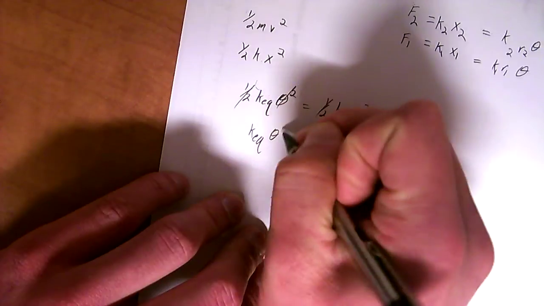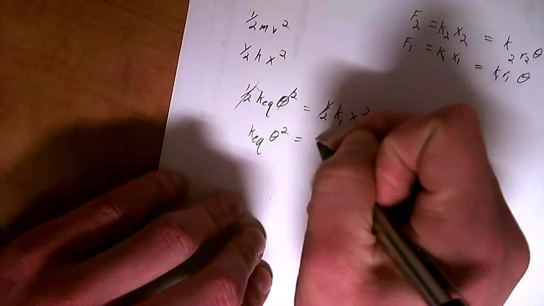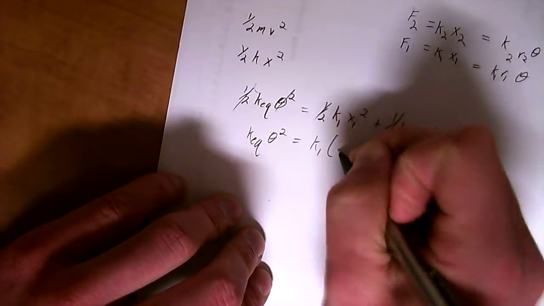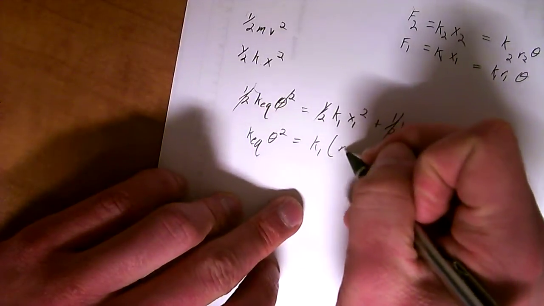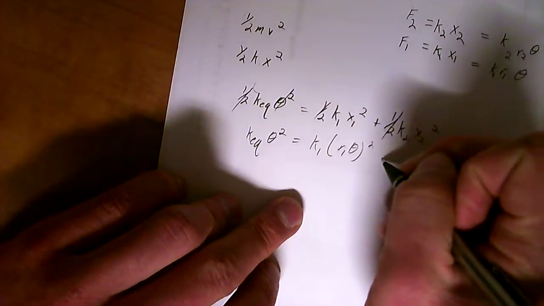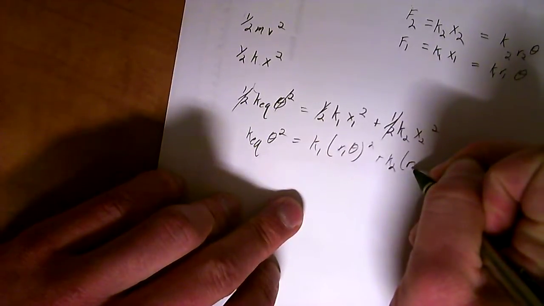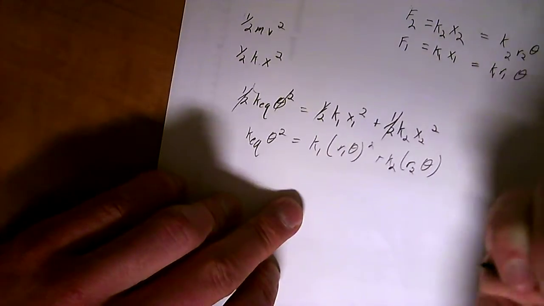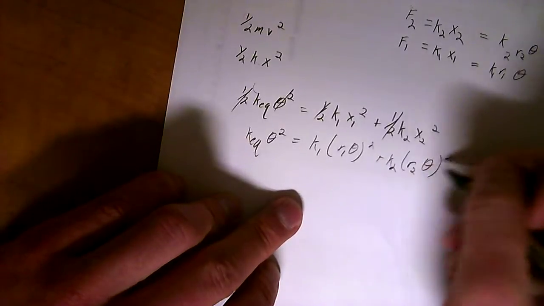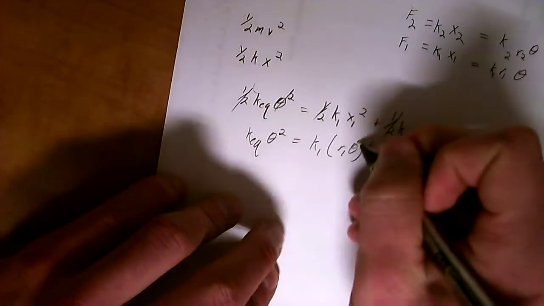So k equivalent theta squared is equal to k1 of r1 theta squared plus k2 of r2 theta squared. That theta squared will cancel on both sides, cancel that, cancel that.